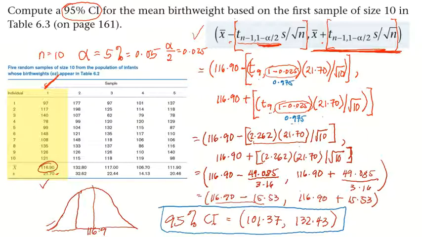And this one is 101.37. And then going to the right, we have 132.43. So that's our confidence interval, specifically 95% confidence interval.